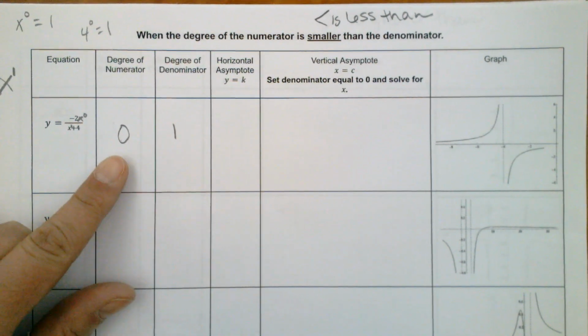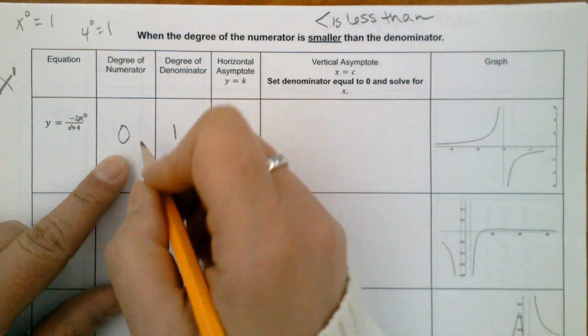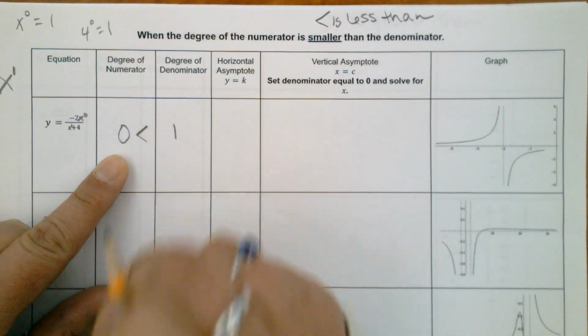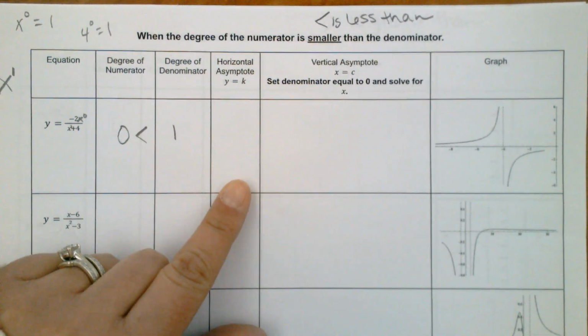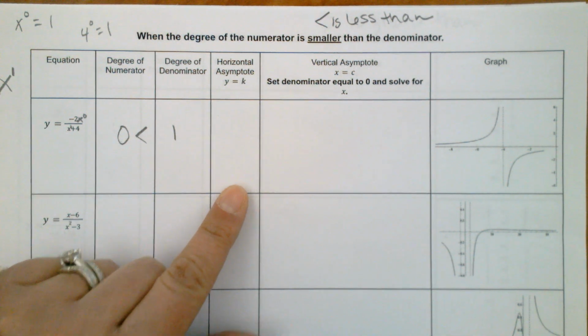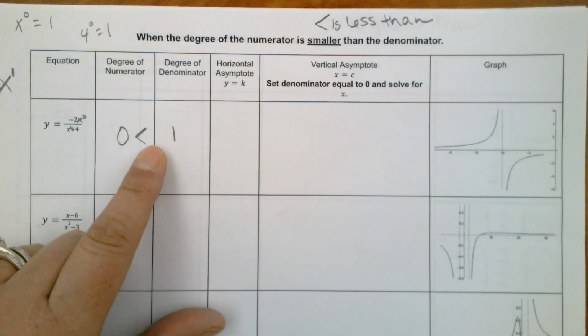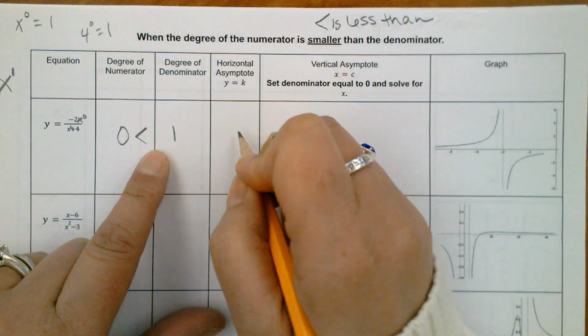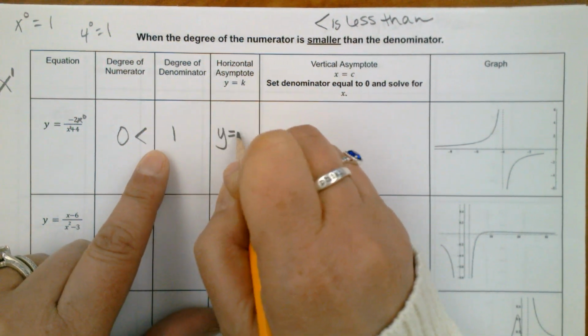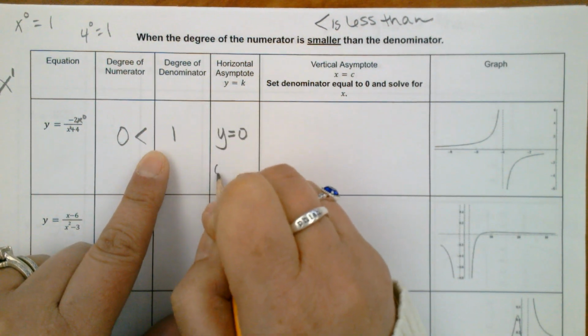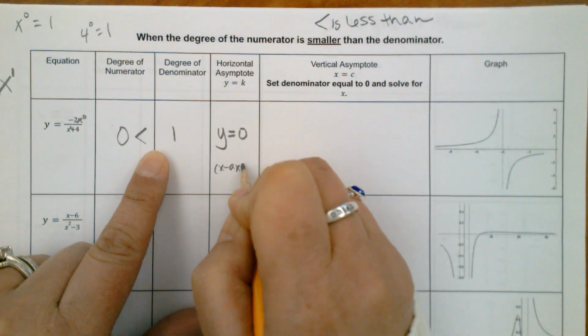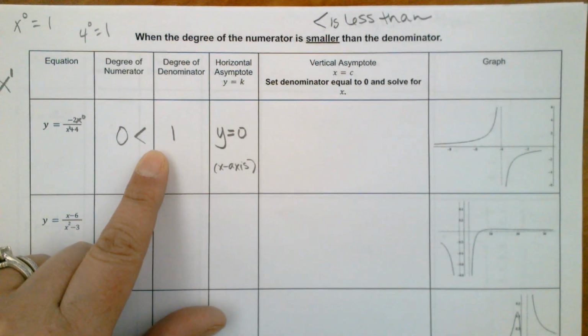Okay, so let's compare the degree of the numerator and the degree of the denominator, and we see that 0 is less than 1. So when the degree of the numerator is less than the denominator, your horizontal asymptote is always going to be y equals 0, which means it's always going to try to get as close as possible to the x-axis, but never, ever, ever cross it.